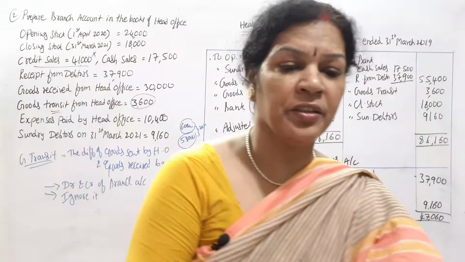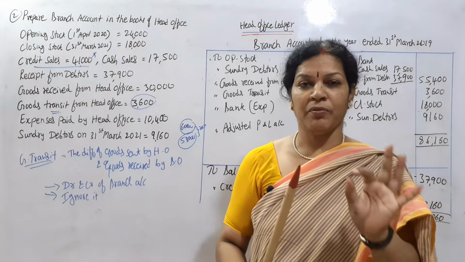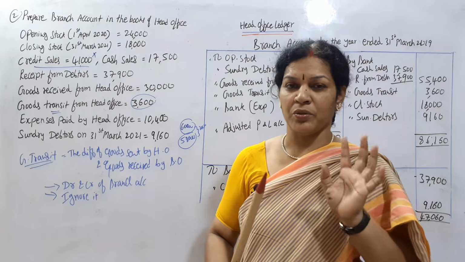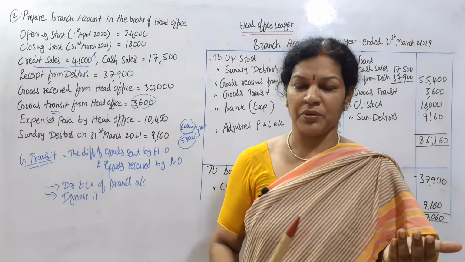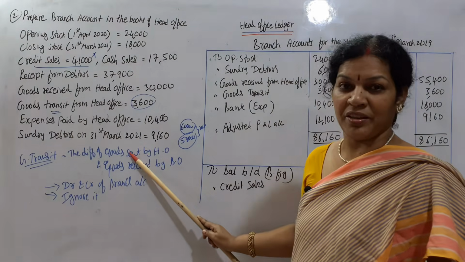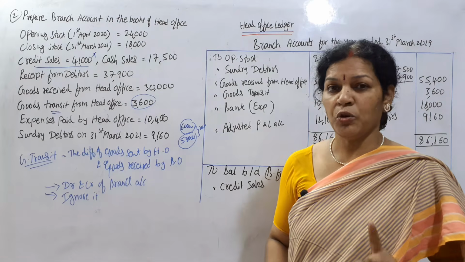Let me explain it. In this problem, what is important is here. Please be careful whenever debtors is given, whether it's opening or closing. If only one amount is given, you have to find out the other amount. In this problem, opening debtors are not given, but closing debtors are there. It means you have to find out the opening debtors.